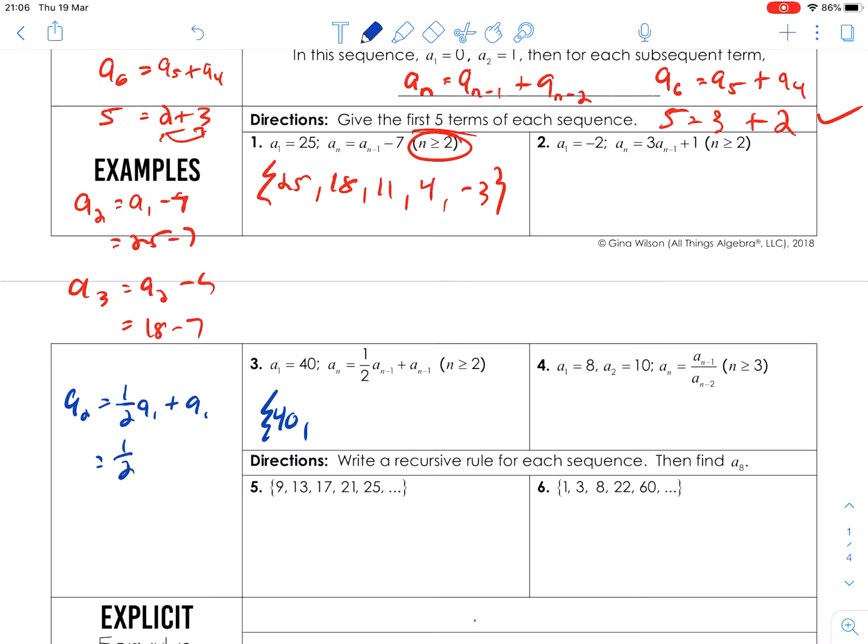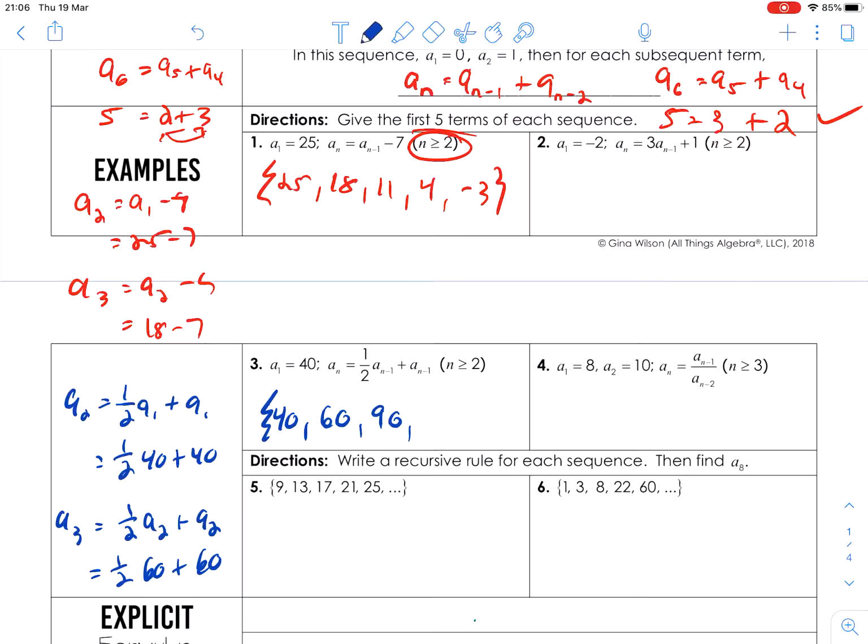We already know a sub 1 is 40. So half of 40 is 20, and 20 plus 40 is 60. Let's try the next one, a sub 3. That's 1/2 of a sub 2 plus a sub 2. We know a sub 2 is 60, so 30 plus 60 is 90.